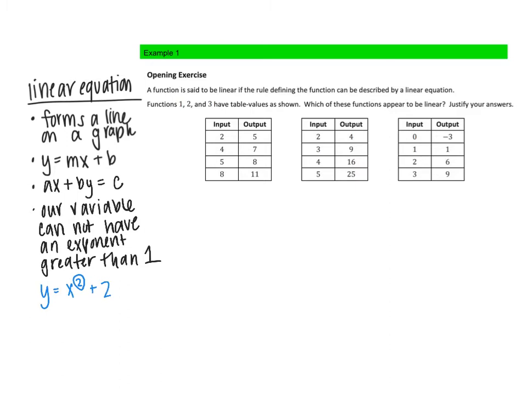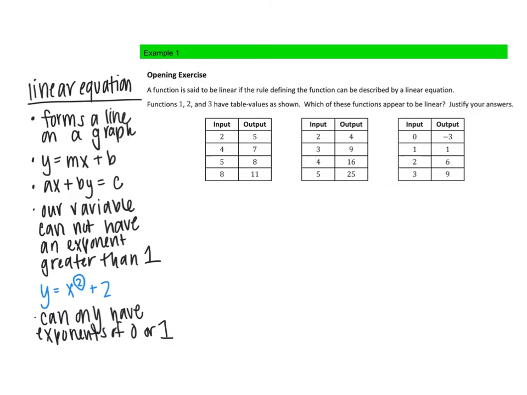The only exponents that linear equations can have are 0, because anything raised to the 0th power equals 1, or 1, because anything raised to the first power equals itself. So they can only have exponents of 0 or 1. Alright, so that is what a linear equation is.